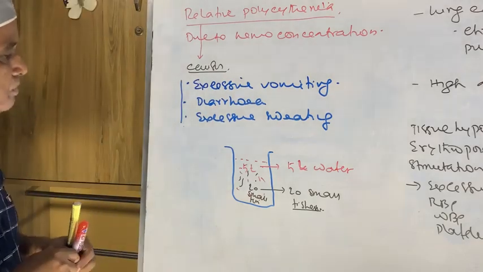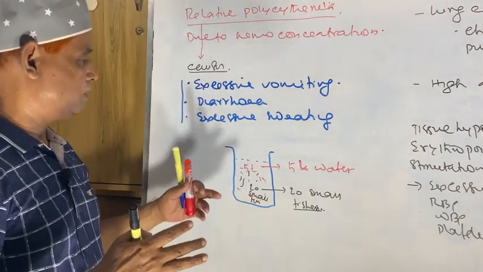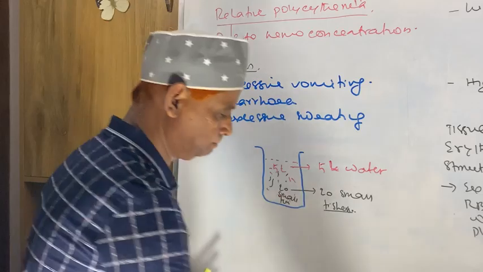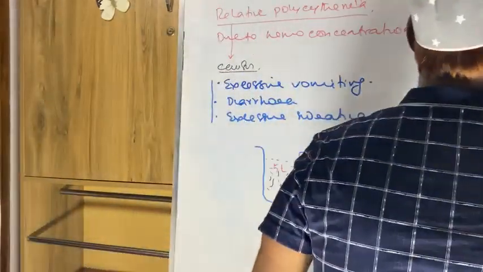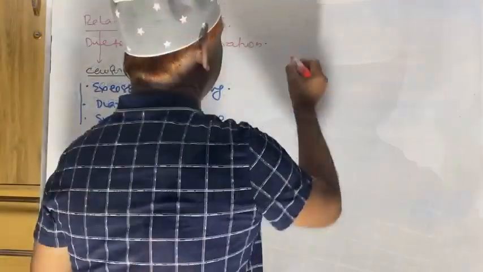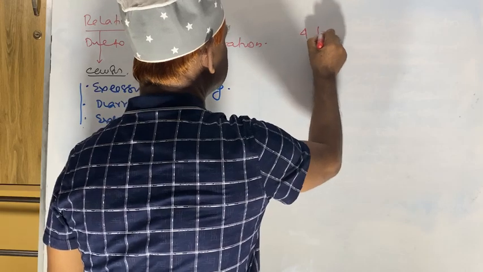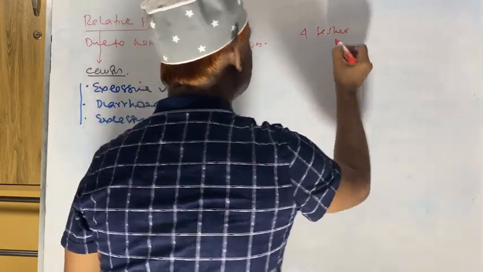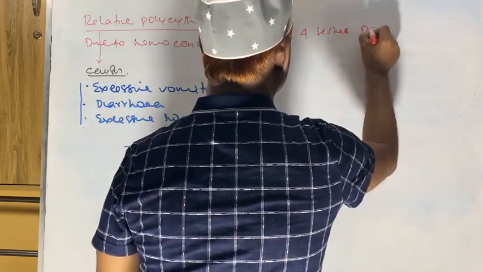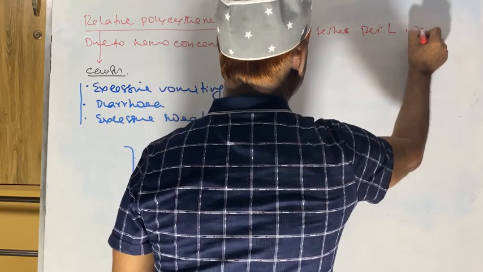So there will be 4 fishes per liter of water.